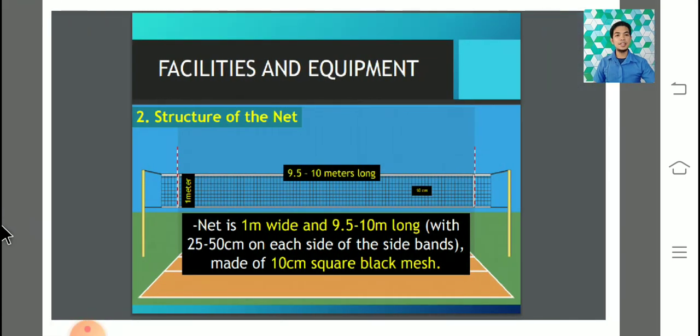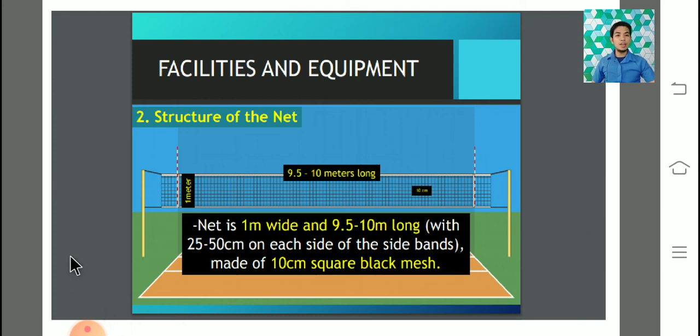Next slide. So sa structure of the net. Now let's himayin naman natin yung structure ng net. Yung taas ng net ay its equivalence of 1 meter. The wide of the net. At yung haba naman ay nagsusukat siya, it measure 9.5 to 10 meters long.